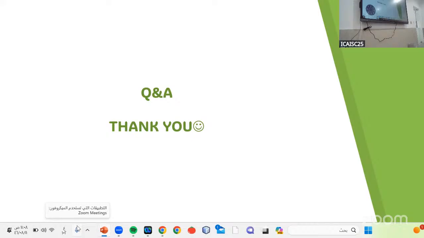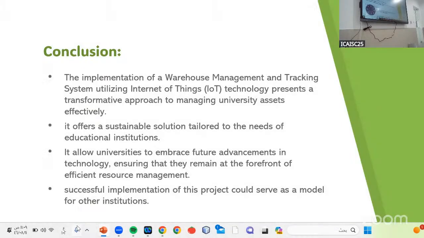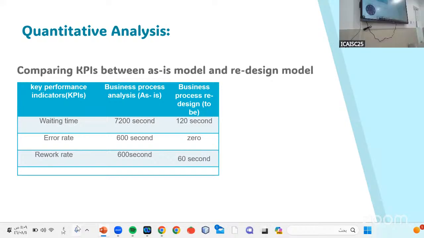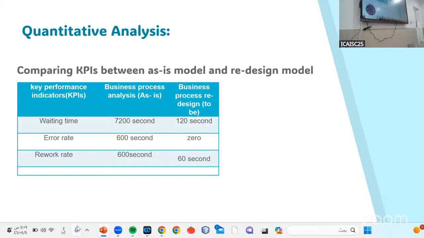Please return to the table which makes a comparison between the traditional system and the redesign. KPIs? Here. Yes, this is okay. You are talking about error rate. What is the meaning of error rate 600 seconds?